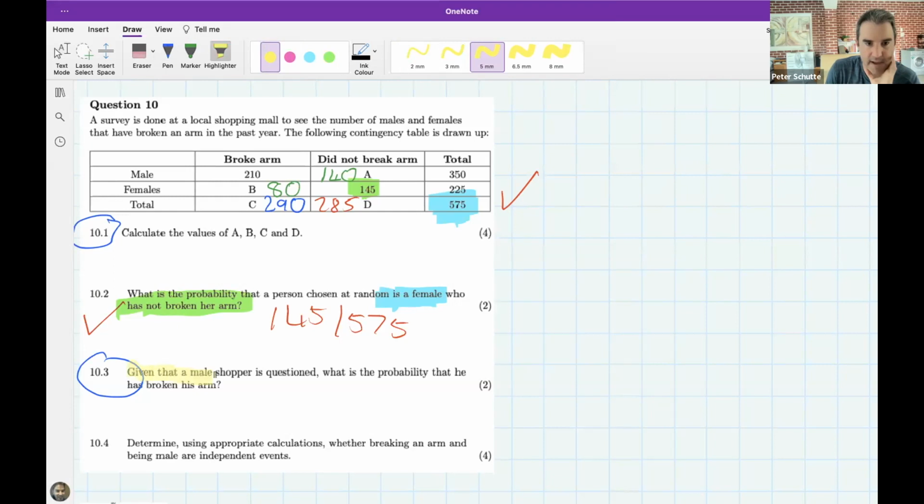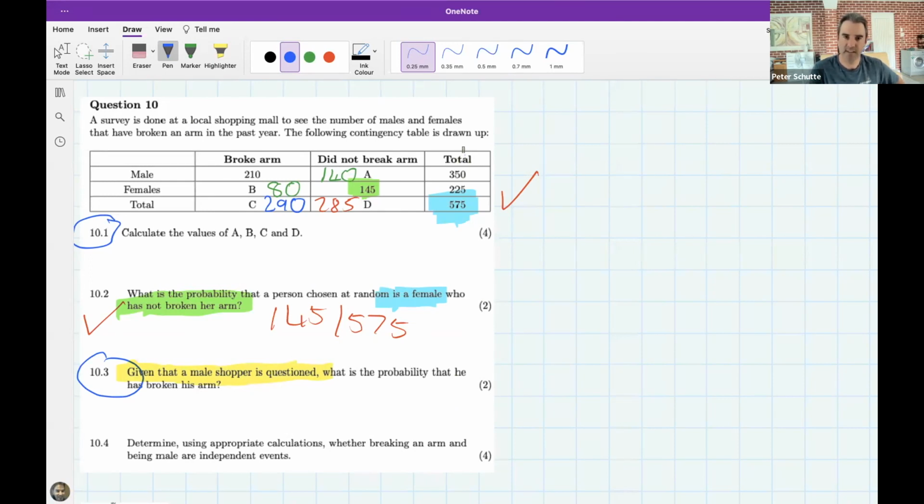Given that a male shopper is questioned, that is a condition. Given that a male shopper is questioned, I want to ask you, how many males are there in this survey? Pop that in the chat. Where would I go and look for that? The number of males in the survey.